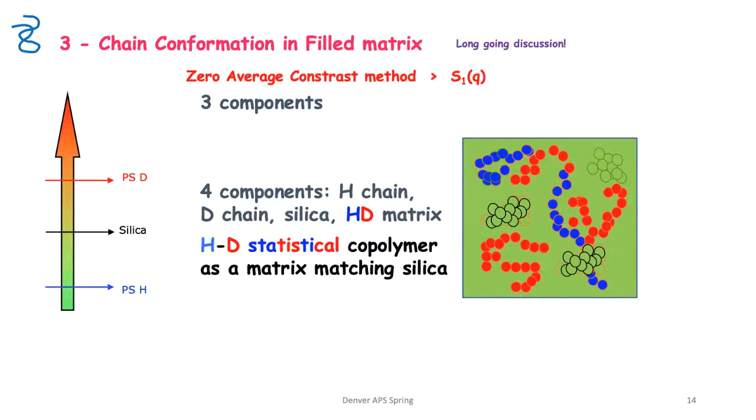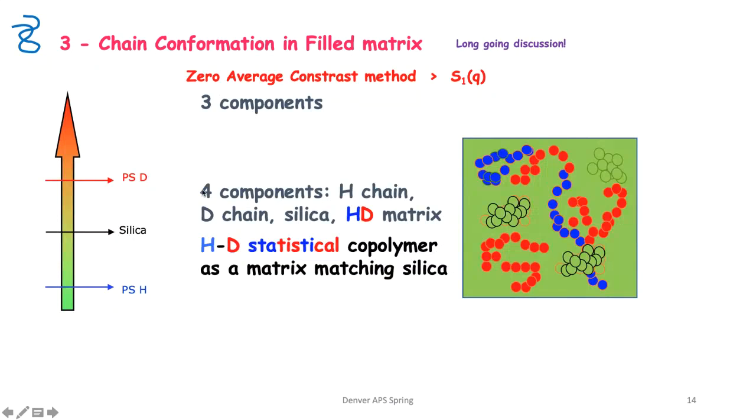And for that, people used the so-called zero average contrast method, in which you can get the form factor of the chain through a mixture of normal chains and deuterated chains, which have the same average scattering length density as the silica. So this is the so-called 3-component zero average contrast method.